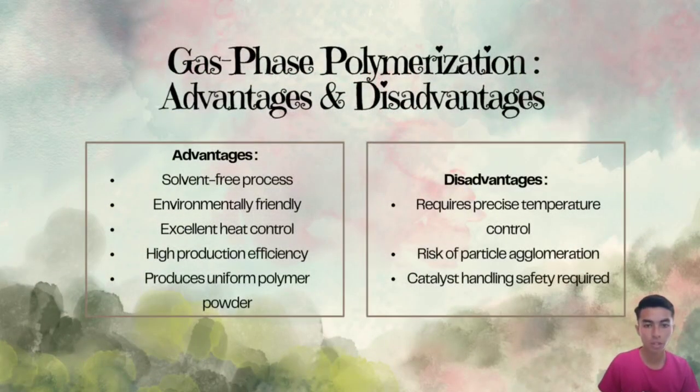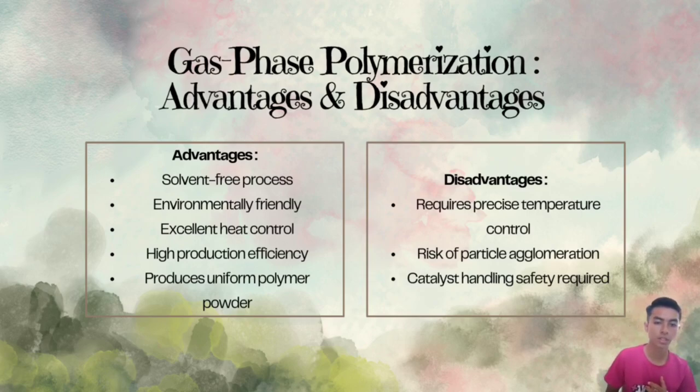So today I will present gas phase polymerization. In the slide we can see the advantages and disadvantages. The advantages of gas phase polymerization include low operating costs, low solvent recovery, and better environmental performance.